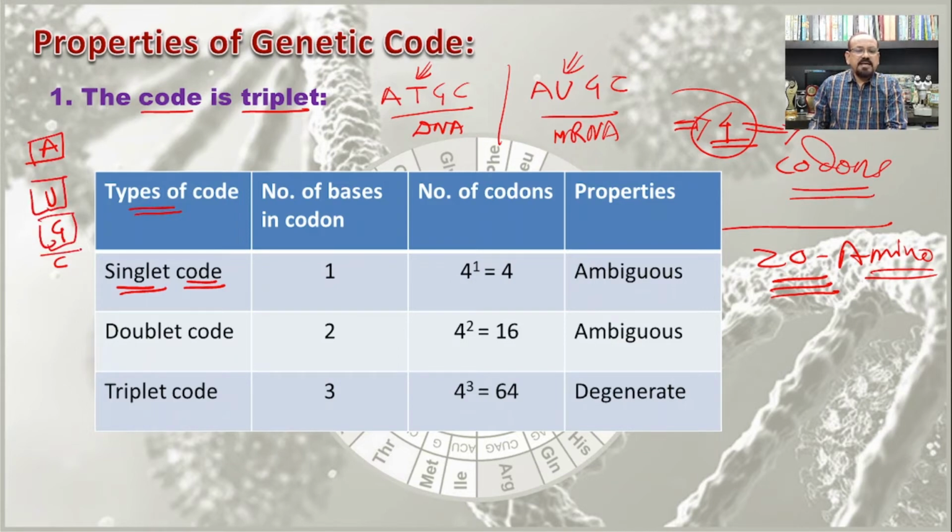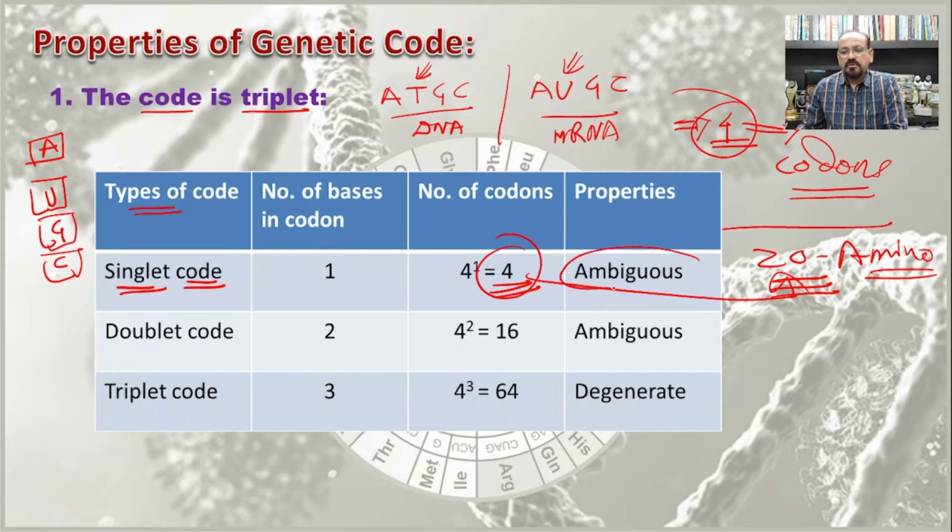It means that there will be formation of only 4 codons, and these 4 codons are not able to specify the 20 amino acids, because the code is non-ambiguous.